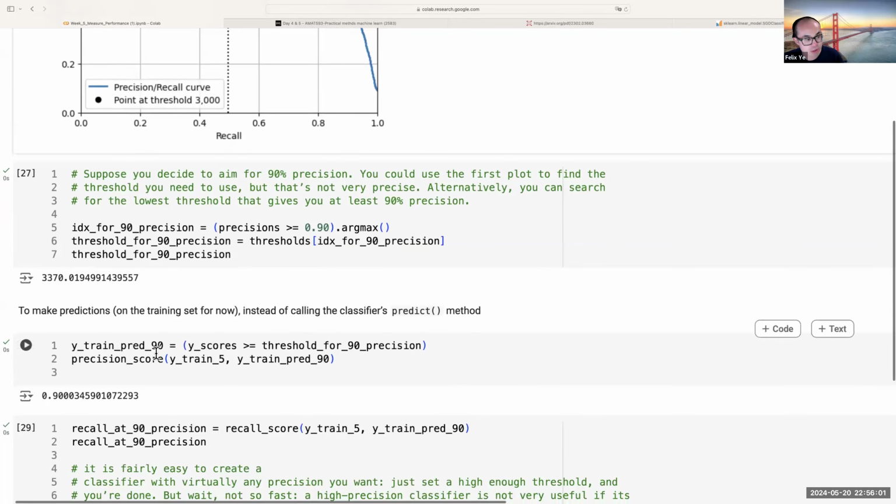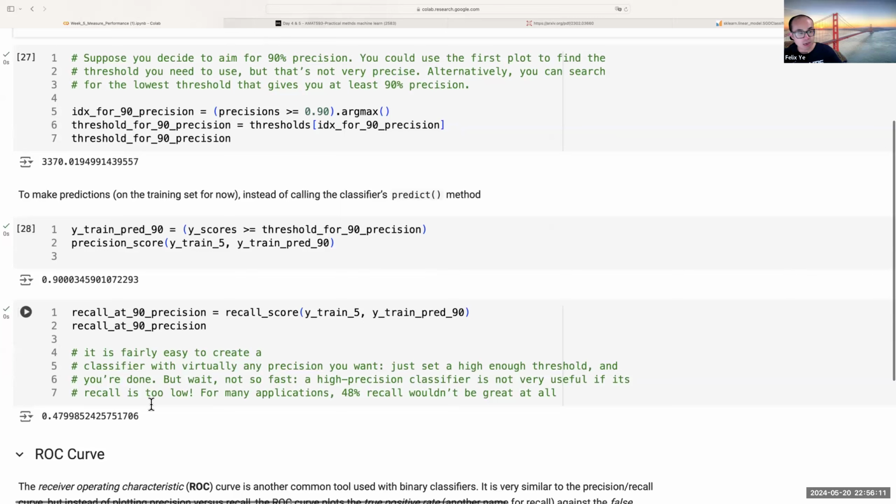Okay, so if we choose this threshold, it actually gives us a precision score of 0.9 right here. And of course, at this rate, the recall will be pretty bad, which is below 50%. So it's pretty easy to create a classifier with virtually any precision you want.